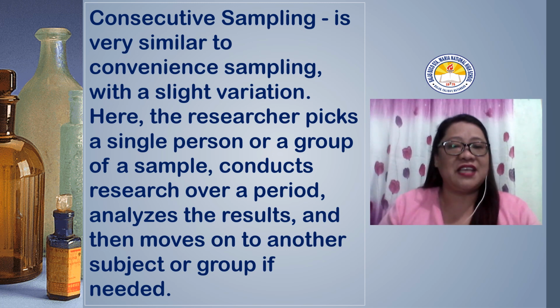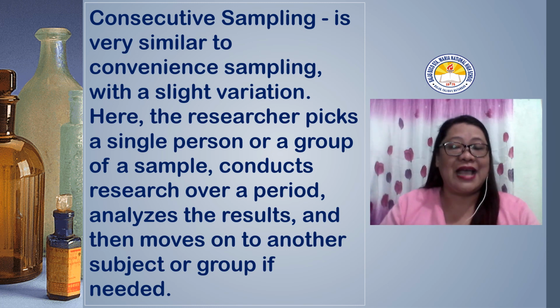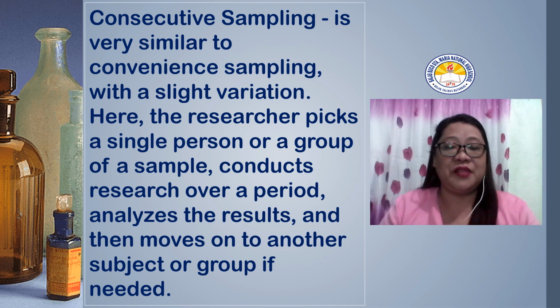Consecutive sampling is very similar to convenience sampling, with a slight variation. Here, the researcher picks a single person or a group of a sample, conducts research over a period, analyzes the results, and then moves on to another subject or group if needed.